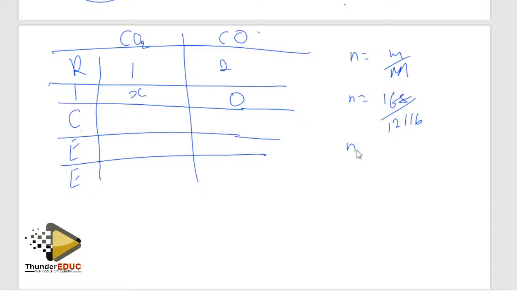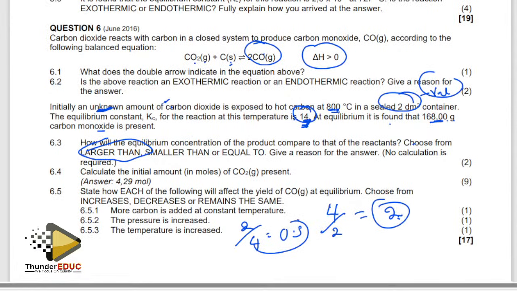So the number of moles is going to be 1 over 28, and when you calculate it, it's going to be 6 moles. So it means that the change here is 6. What we produced is 6, and what remained at equilibrium is exactly 6, because that is product. Is it clear?